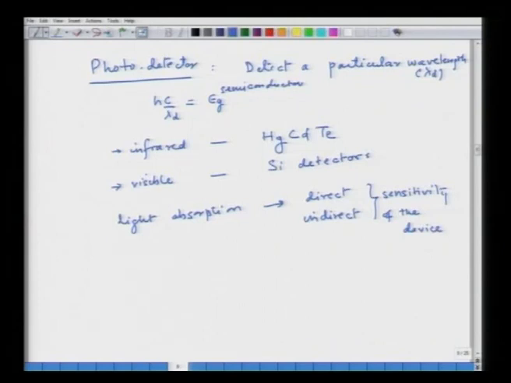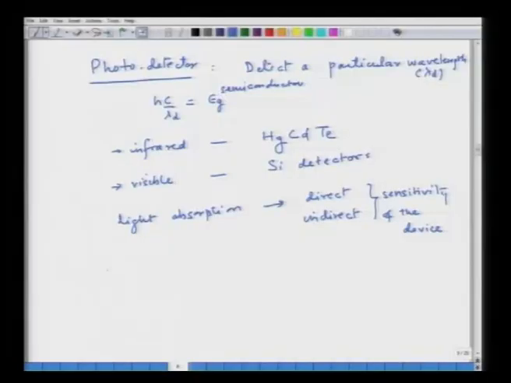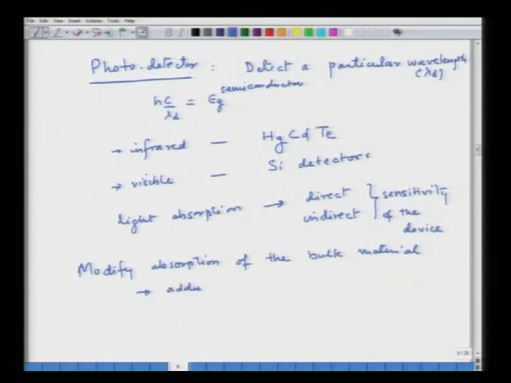And in order to improve the sensitivity, earlier the same bulk material that we had, we used to use that for making the devices, but now it is possible to change the material absorption properties. We can modify the absorption of a bulk material, and that could be done by adding nanoparticles.